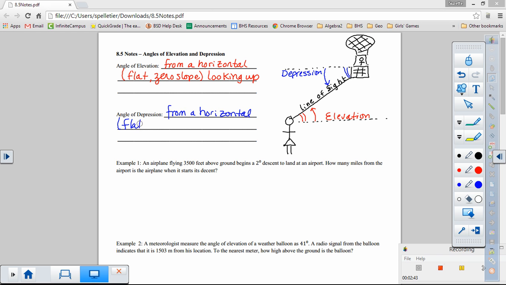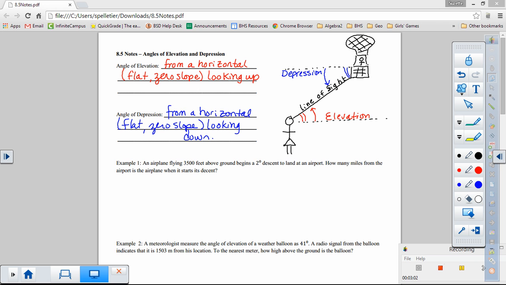I'm just defining horizontal again, flat, zero slope. Okay, from a horizontal, flat, zero slope, looking down. So angle of elevation, angle of depression.